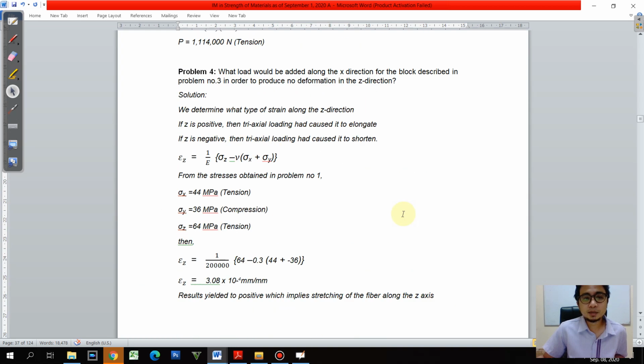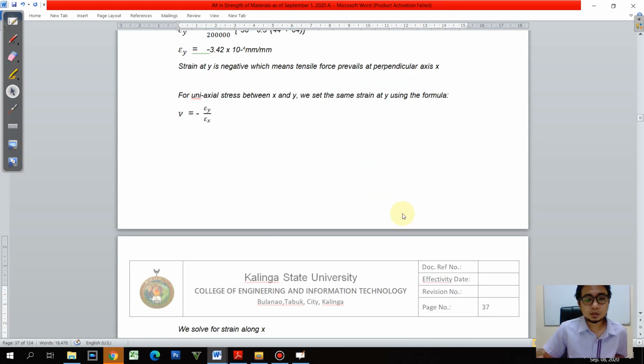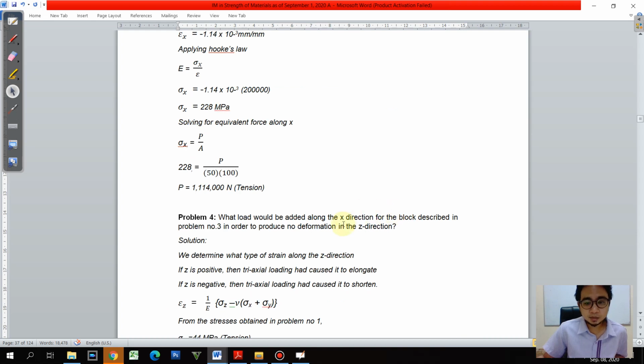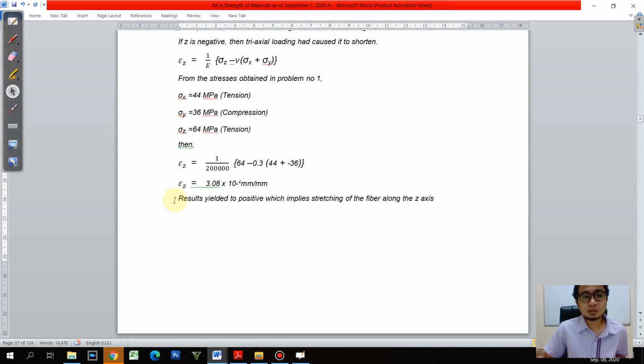So earlier, the question was about the x-axis: what load in the x direction would be needed along the x direction for the block described in problem number 3 in order to produce no deformation in the z direction? So, what will we do with x? Do we stretch x or compress it? That will be answered by this result.